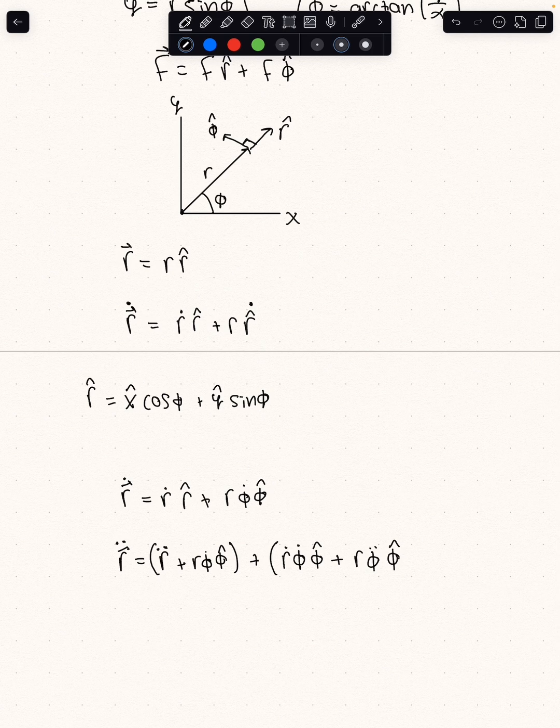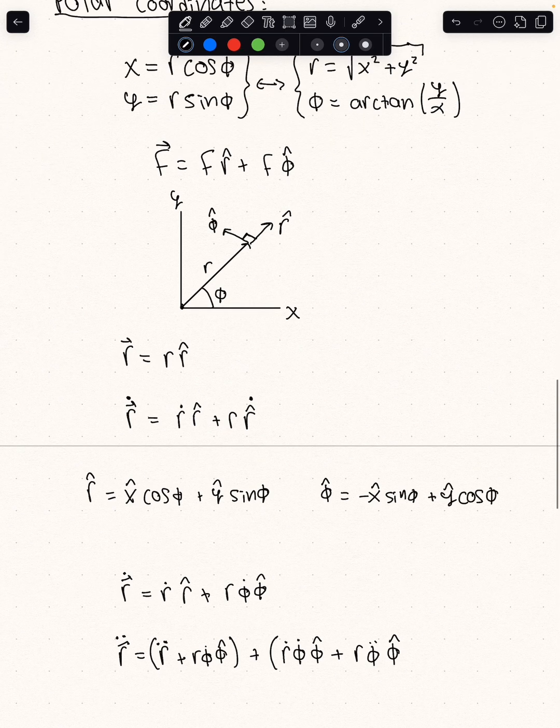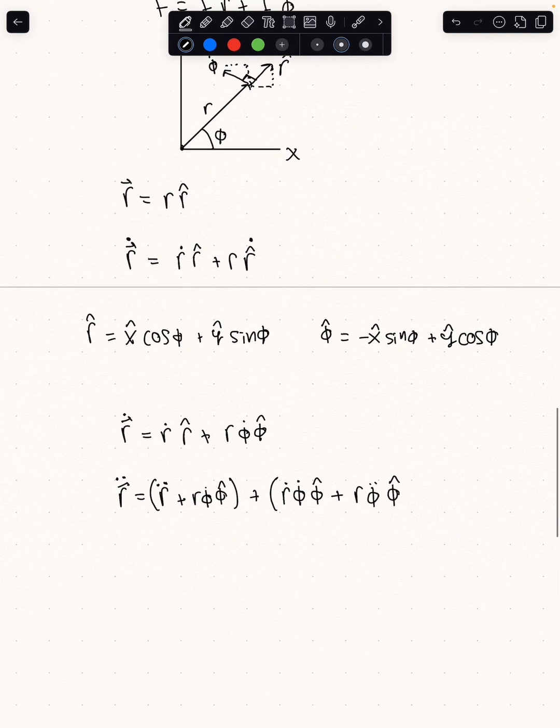And phi hat is going to be negative x hat sine phi plus y hat cosine phi. Looking at these, break it up into its components. Hopefully you can see where these sines and cosines are coming from.